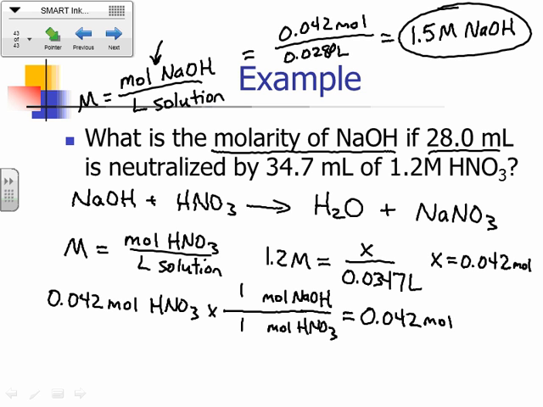Now, is that the concentration of the sodium hydroxide in that solution anymore? Why would the concentration now be different? What else did we add besides nitric acid into that solution? What was mixed in with the nitric acid? Water?